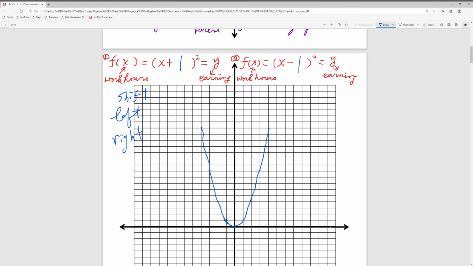Now you say, teacher, it should be x minus something. Yes, you can say this is x minus -1. So when you have x minus -1, how can you graph it? And where is the vertex?